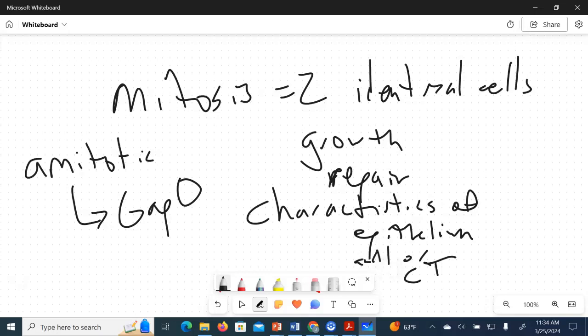Epithelial tissue, just a bunch of cells, right? Specialized junctions between the cells that's supported by connective tissue. It's avascular, but it's innervated. It's always regenerating. There's two sides. There's an apical surface and a basal surface.